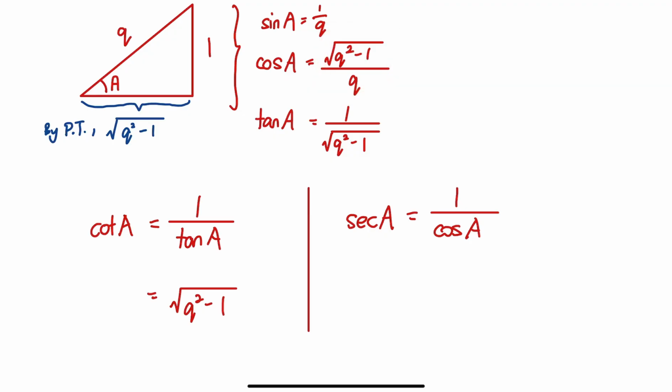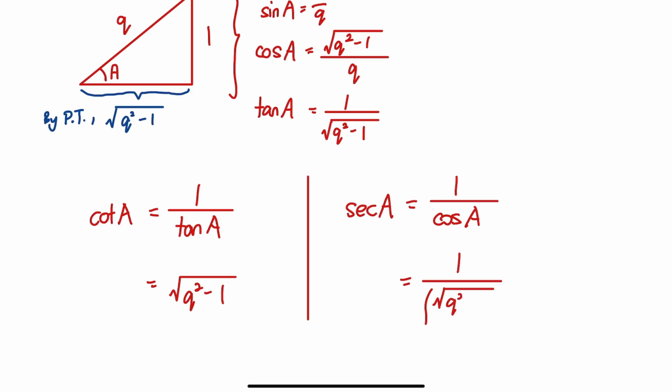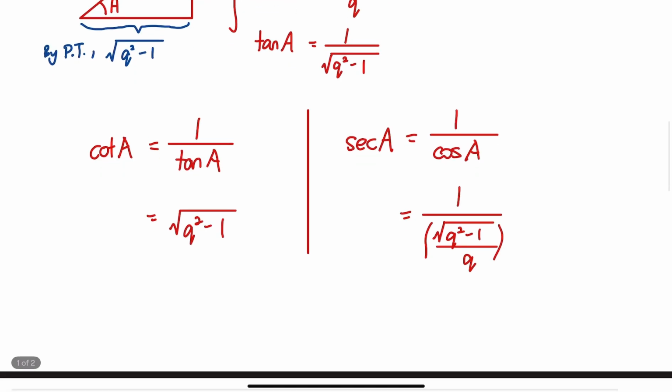If you find it hard to visualize, let me rewrite this for you: 1 over square root of Q square minus 1 over Q. How do I get rid of the fraction in the denominator? I multiply Q to both the numerator and denominator. My numerator will become Q over the denominator, and if I multiply a Q, I'm just left with square root Q square minus 1.